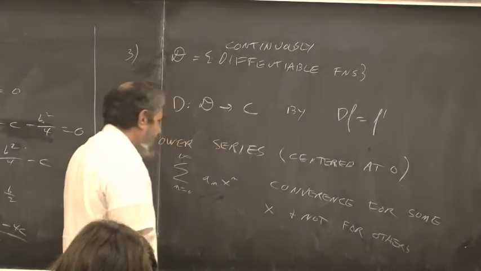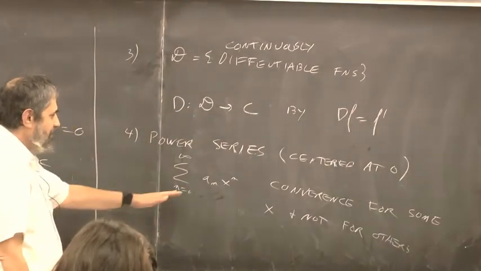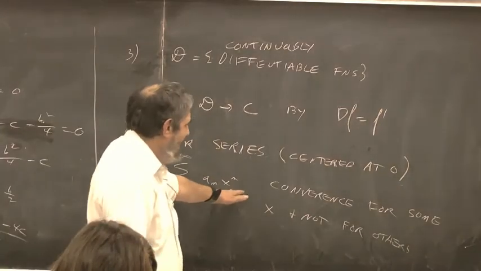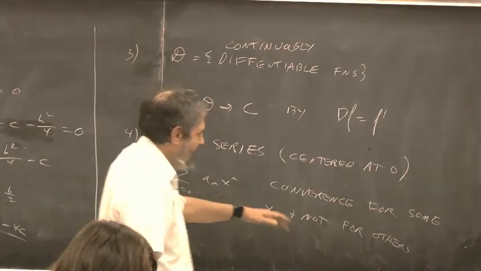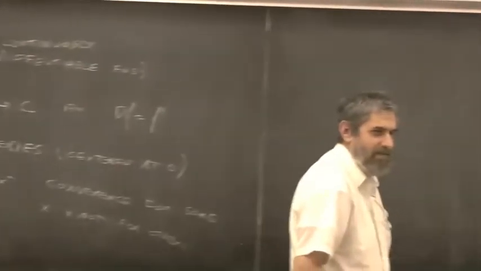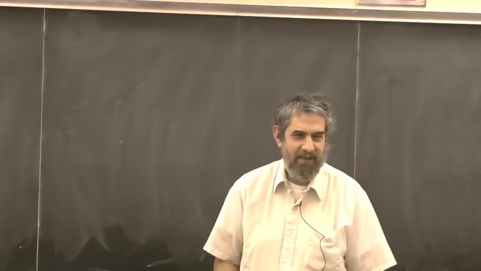Now, as a matter of fact, you can say exactly which x's this does converge for. So those of you who had 3100 or maybe 4100 could tell me what that is.